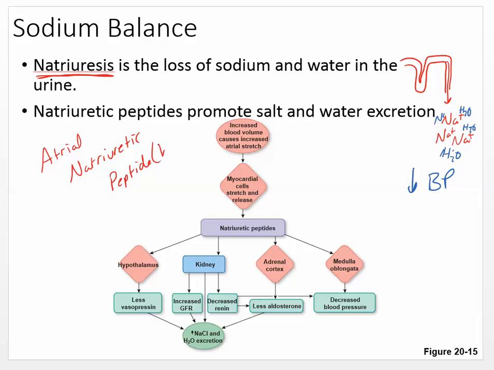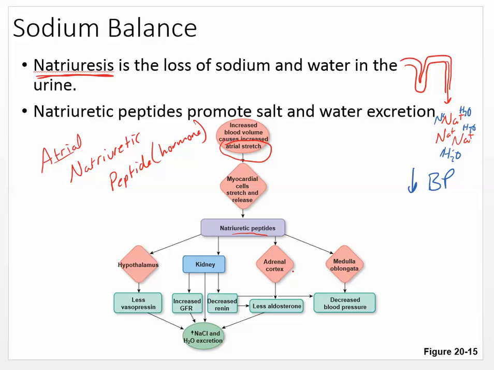Atrial indicates heart. So when your heart stretches, okay, so it's on the atria of the heart. When that stretches a little bit too much, so atrial stretch, then that will release this atrial natriuretic peptide.